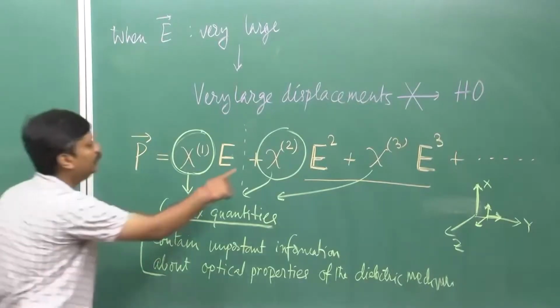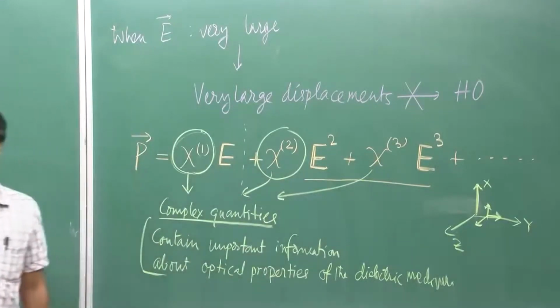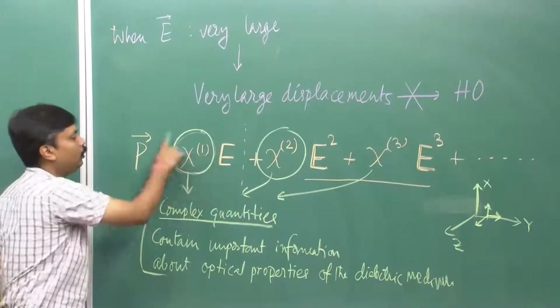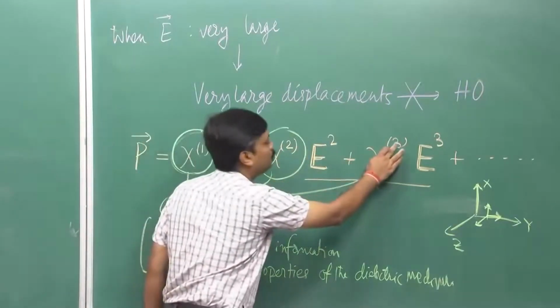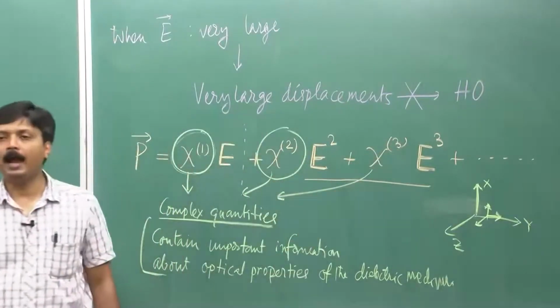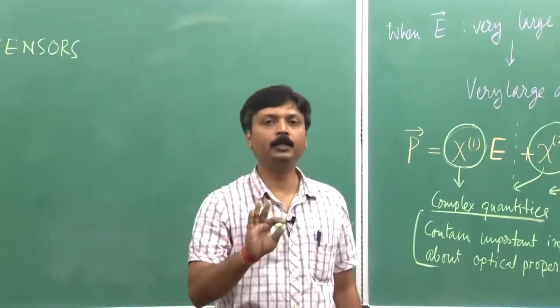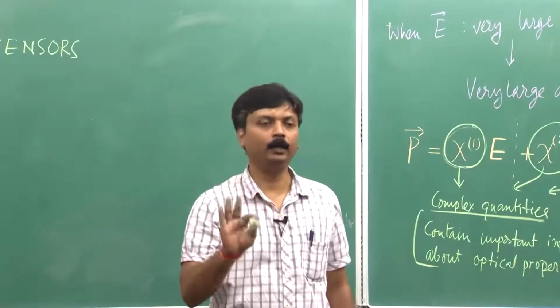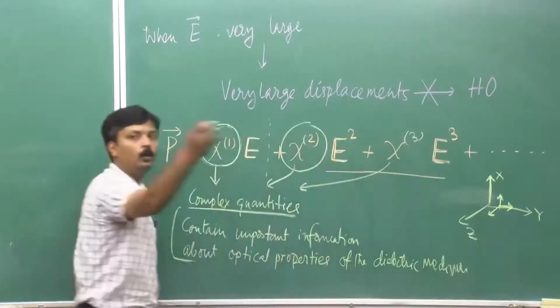Here within the bracket, these numbers refer to the order of the process. This one means it is a first order process, which is a linear phenomenon, then second order, third order processes, and these are known as the susceptibilities of certain order n. So, this is second order susceptibility, third order susceptibility, and so on.